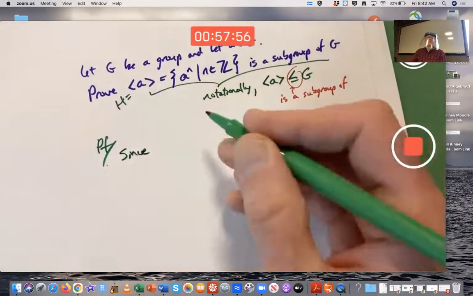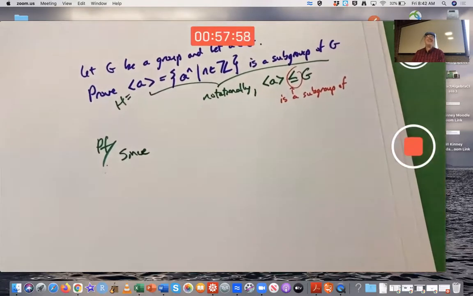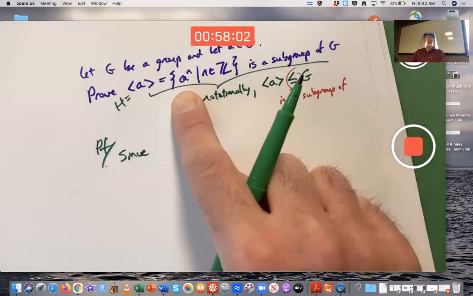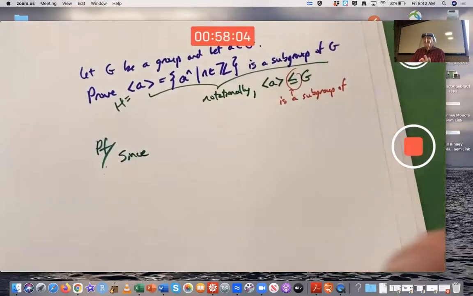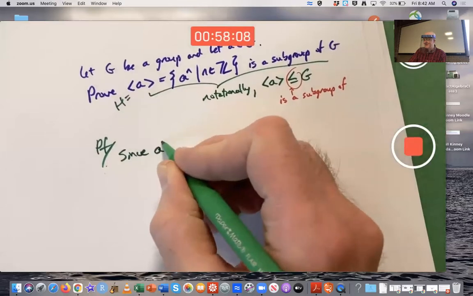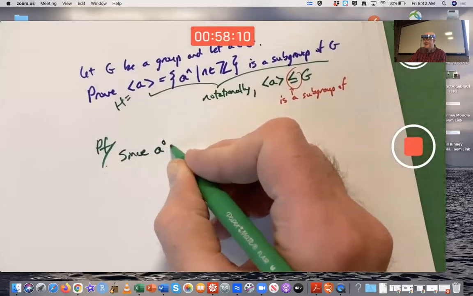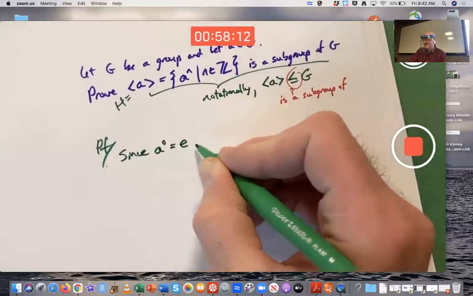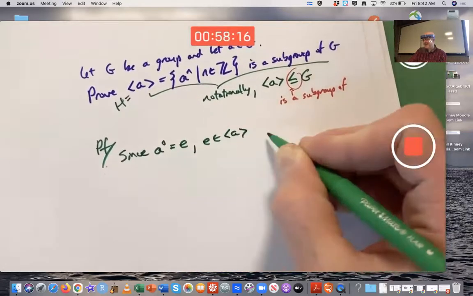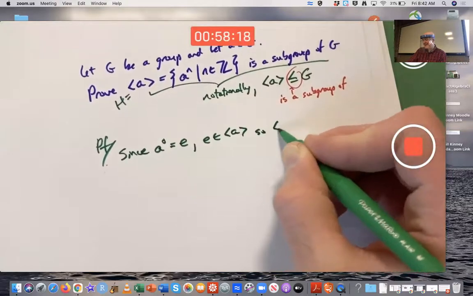Well, it's obviously non-empty. It's elements of this form where A is a specific element. Okay, let's be a little overbearing here. Since A to the 0 is E, E is in the cyclic subgroup generated by A, so it's non-empty.